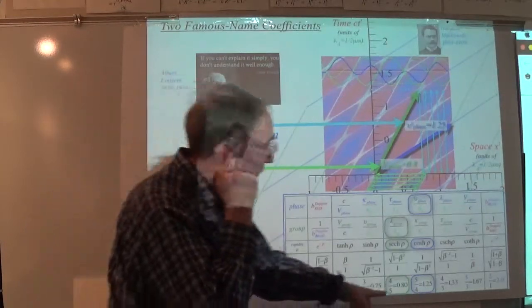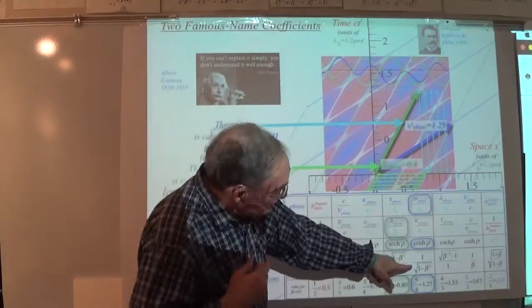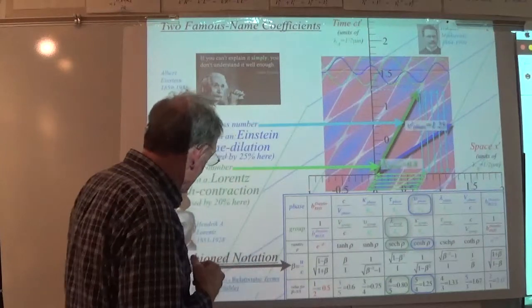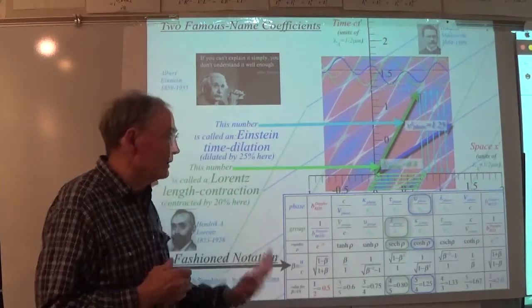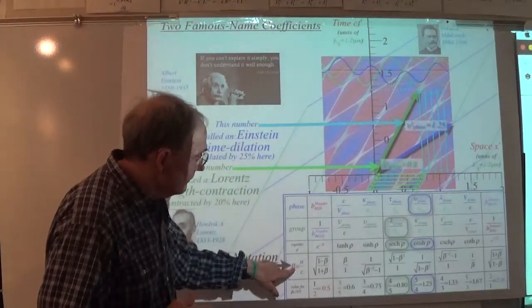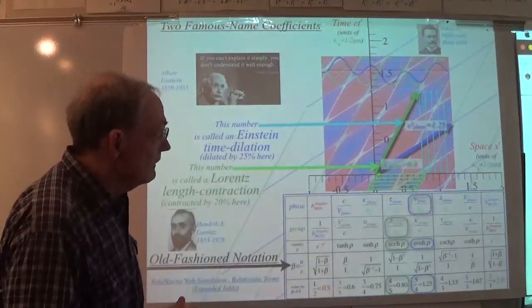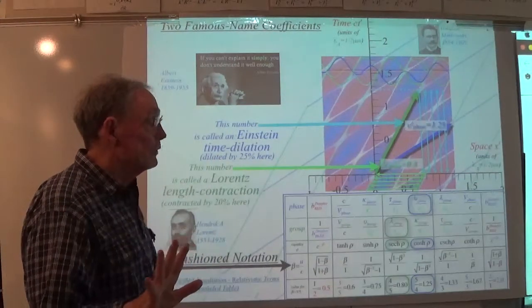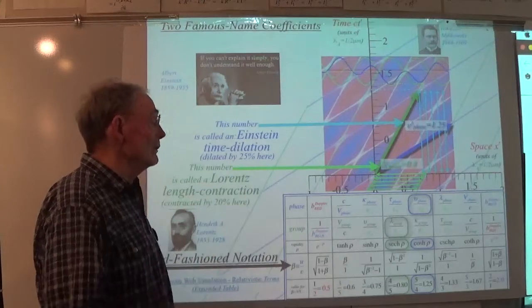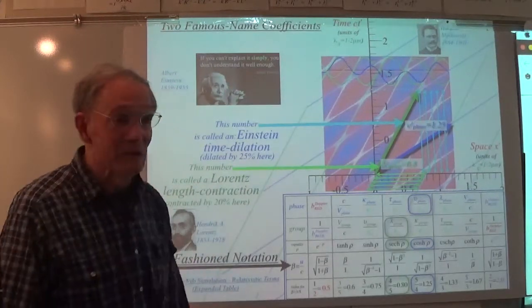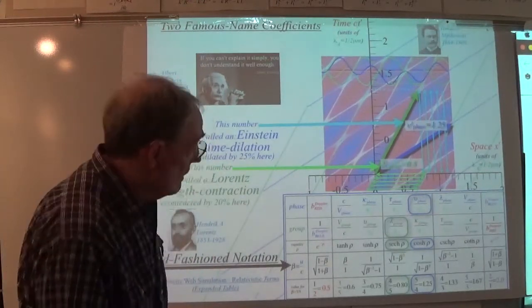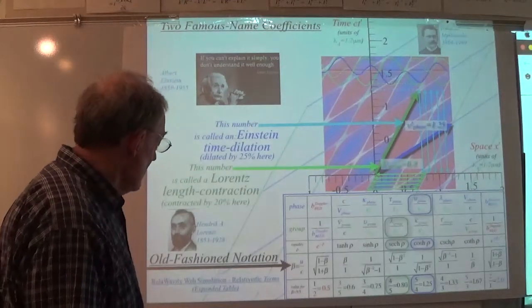Clearly, with this number, and there's the old formula that you're used to. These are the old-fashioned notation, which I do not recommend, and I don't really recommend this parameter much either. That has turned off brains for over 100 years, basically. So I put it in there, though, so we make the connection.